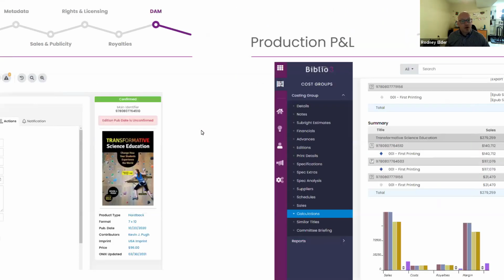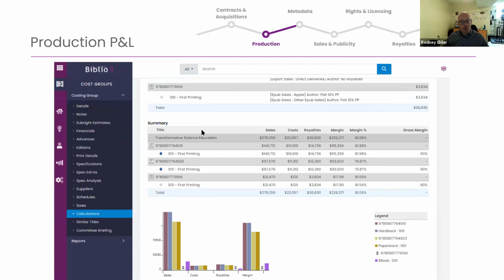So we've uploaded our manuscript, we've got a proposal, and now we want to do a P&L. Again, we're in the same ecosystem. We're still thinking about our acquisition process, but we've delved into the production module. So far, we've started with our acquisition or title management, if you want. We went to our digital asset management system and uploaded some assets.